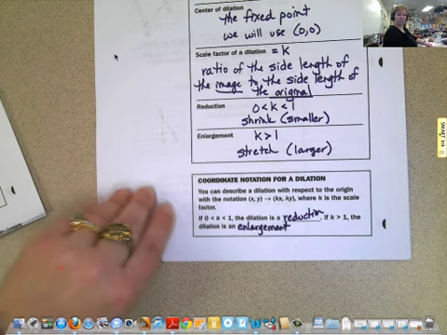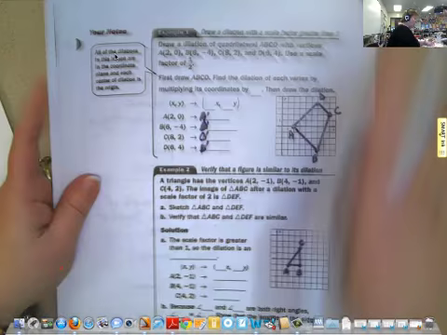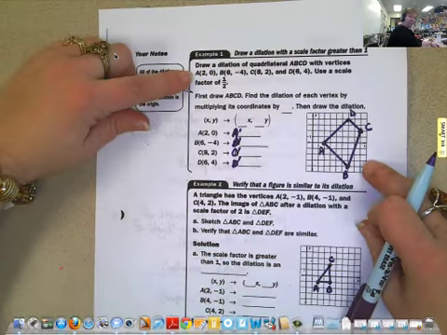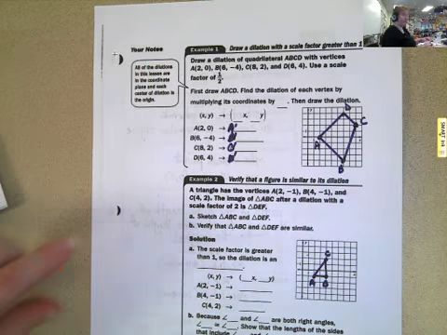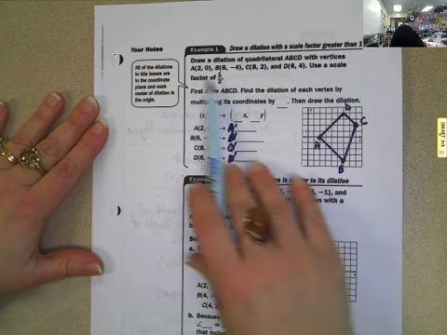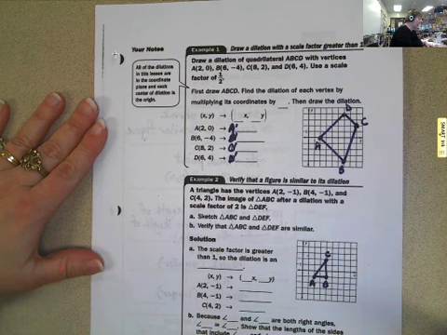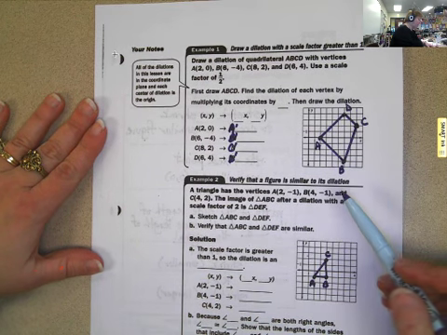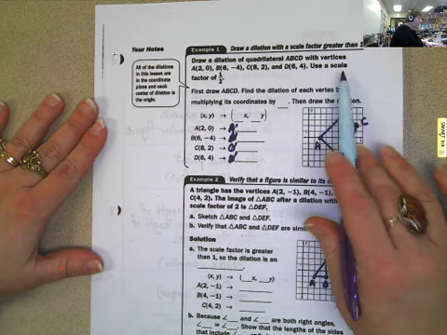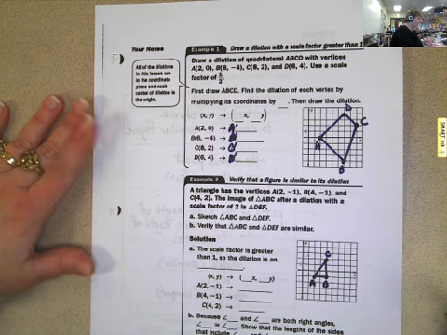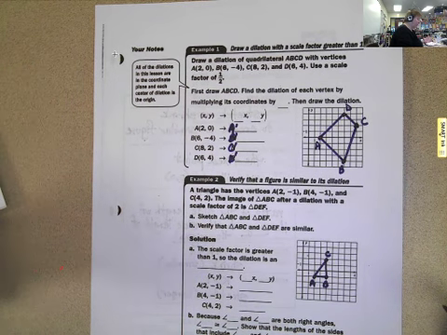All right. Now I've taken the liberty of already going ahead and plotting the first 4 points in our first example. So we have draw a dilation of quadrilateral ABCD with the following vertices, and I've plotted that. It says here, use a scale factor of 1/2. So in this case, they're not asking you what the scale factor is.